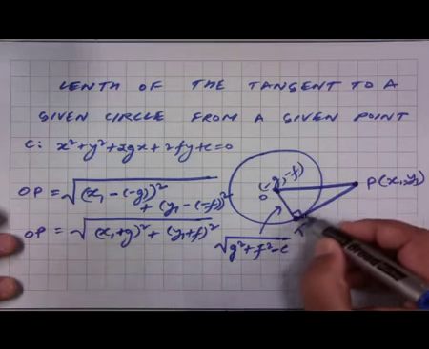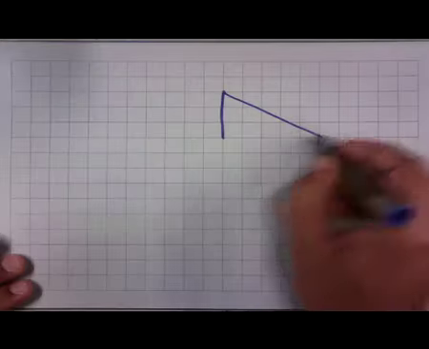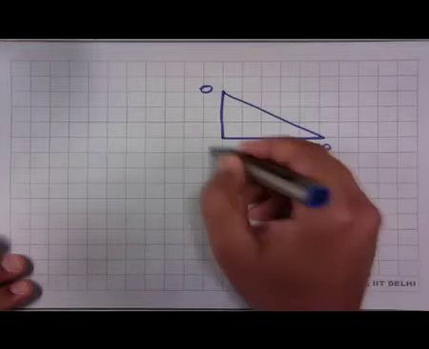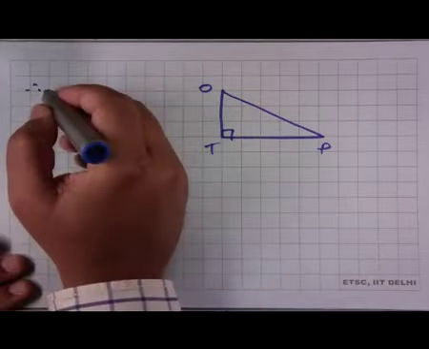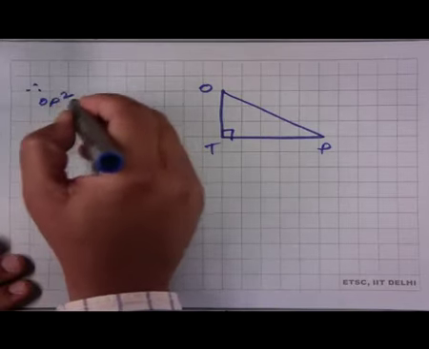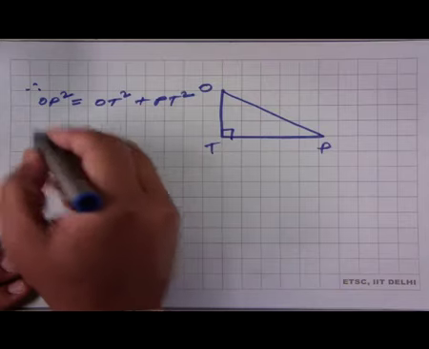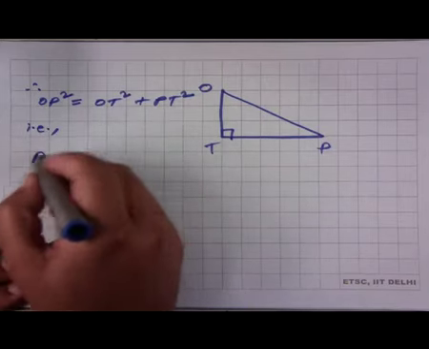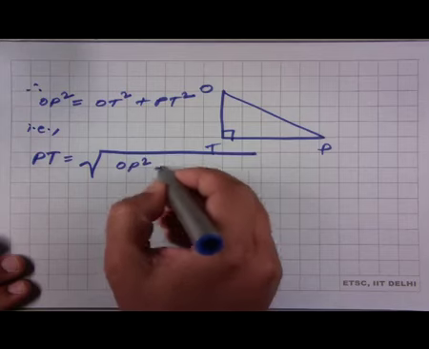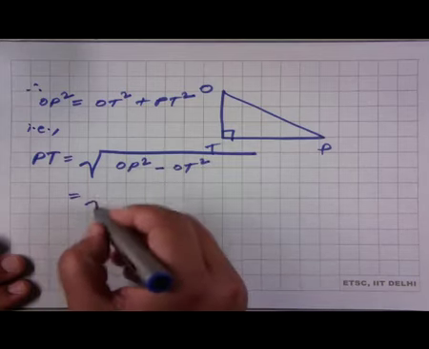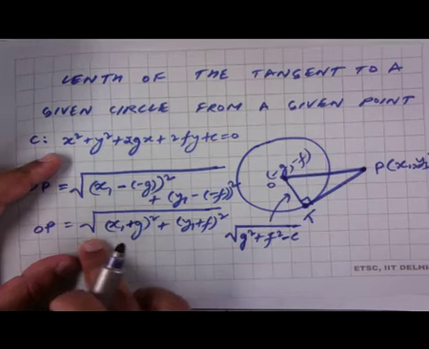We realize that OPT is a right angle triangle, and therefore, from the Pythagoras theorem we know that OP square is OT square plus PT square, that is PT equals square root of OP square minus OT square.